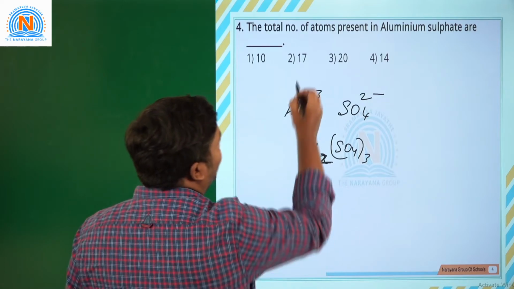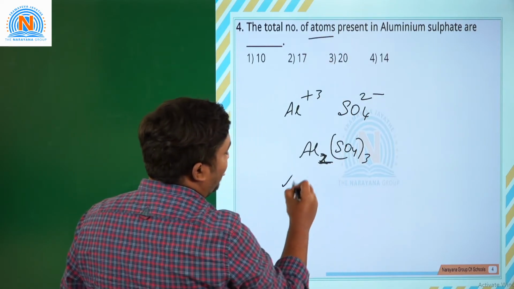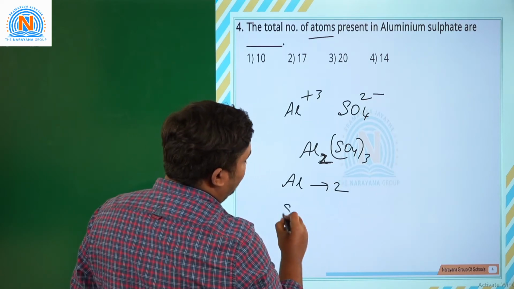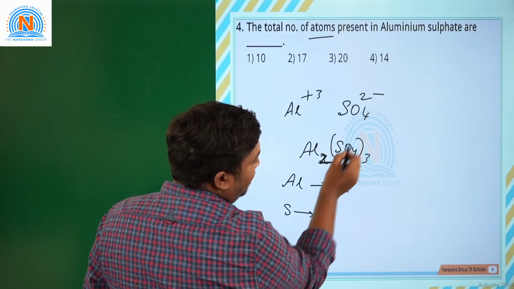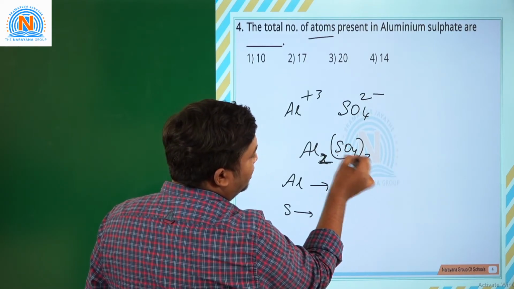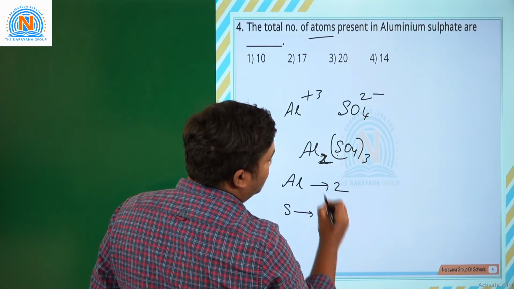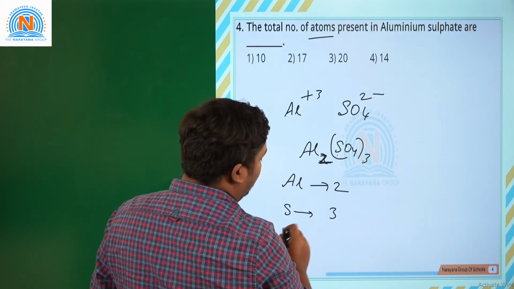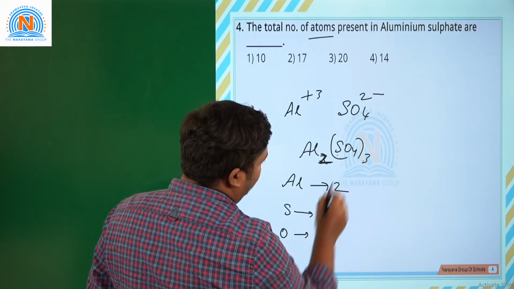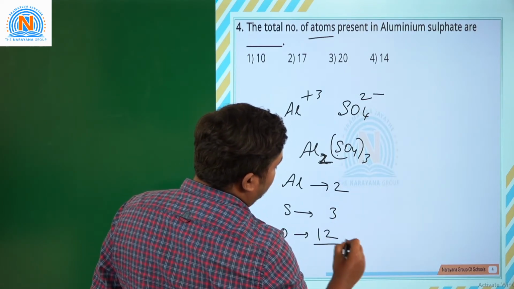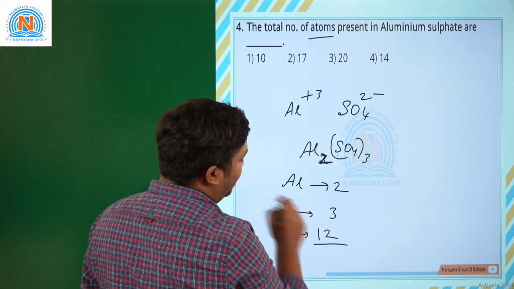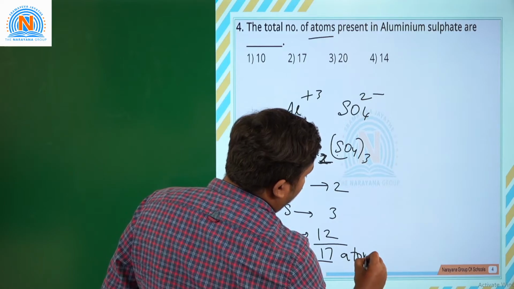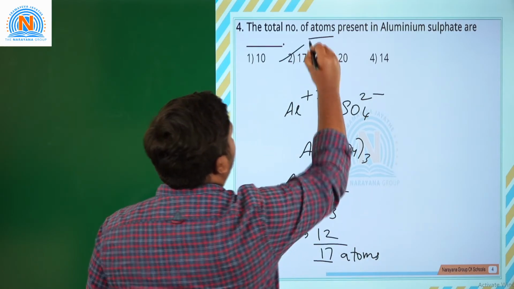So the total number of atoms is asked: aluminium there are 2 atoms. Sulfur there are 3 atoms. See here the bracket is kept, means the 3 belongs to sulfur also. Oxygen 4 3s are 12. So 2 plus 3 plus 12, total 17 atoms are there. So the answer would be 2.